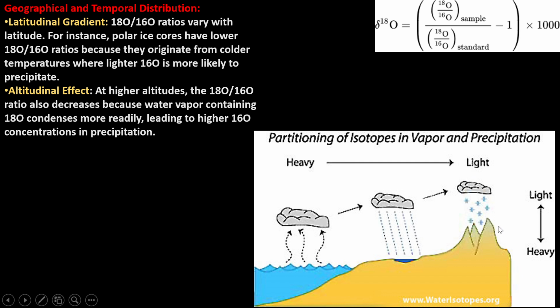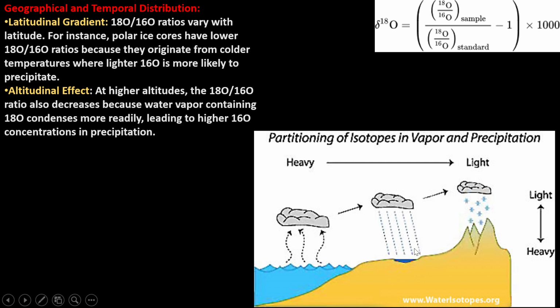So it tells about the latitudinal gradient. In high latitudes, for example 90 degrees or 60 degrees, the polar or temperate region, the concentration of O16 will be high because it is a lighter isotope and can travel so far from the ocean.